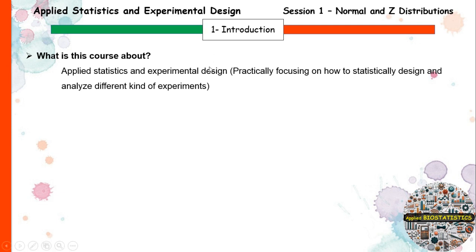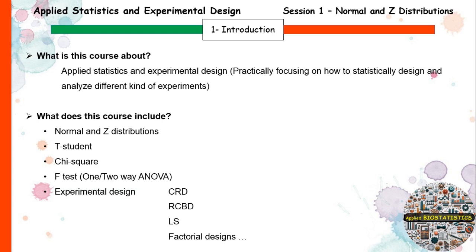As you know, there are different distributions and tools that we don't necessarily use, and we use the important ones to analyze our data, like t-student, chi-square, F-test, and some experimental designs like CRD, RCBD, Latin square, and factorial designs.